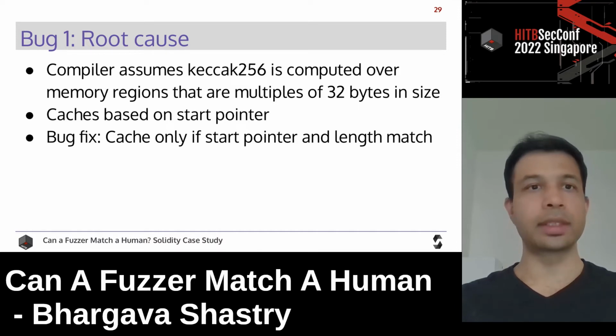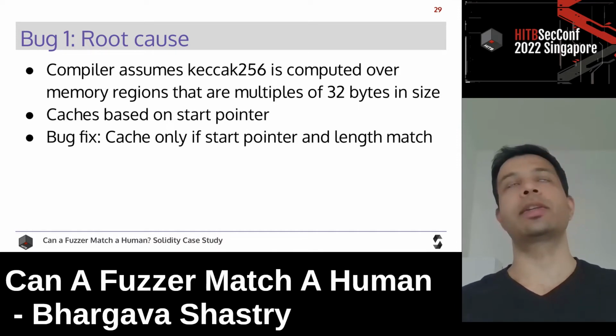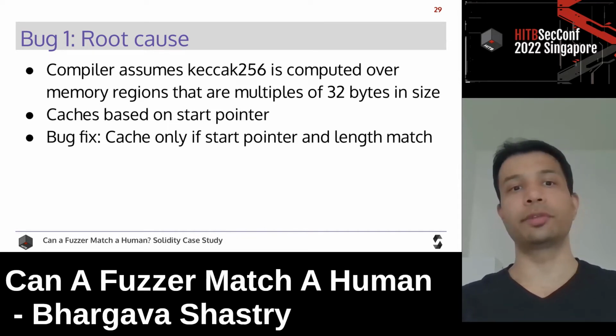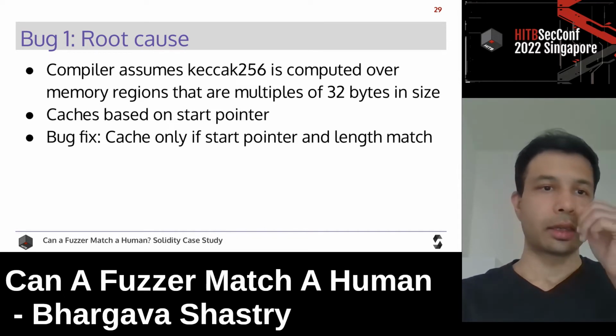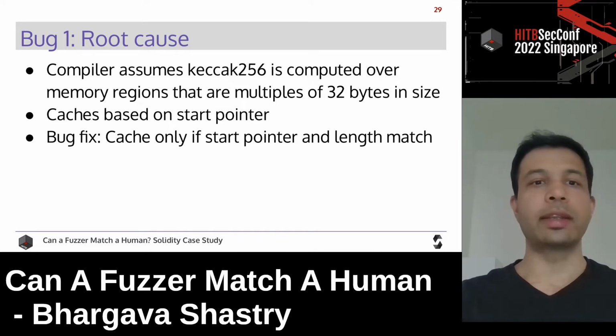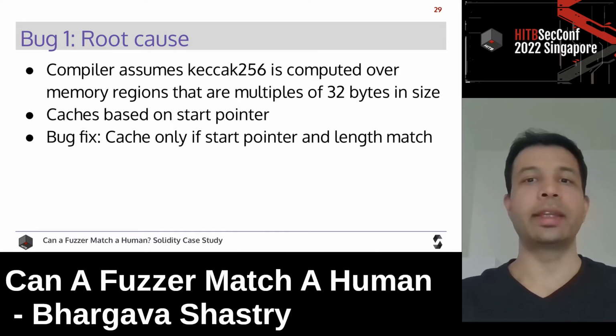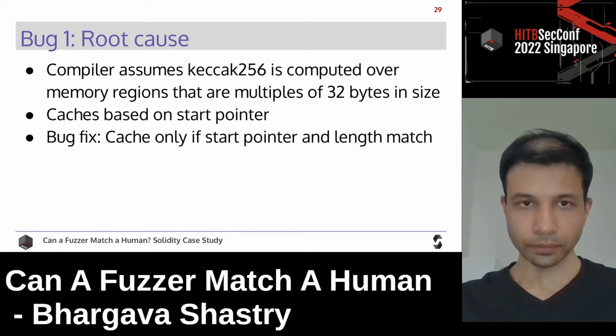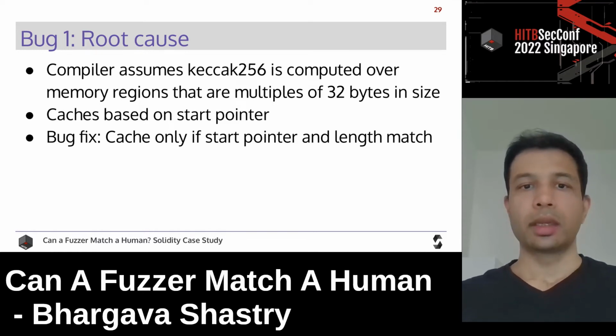And this is incorrect because keccak hash over 23 zeros and over 32 zeros are two different values. Now the bug fix is obviously to add the additional safety check wherein the cached value is only used if the start pointer and length match exactly. Now you can understand the motivation for the caching itself.